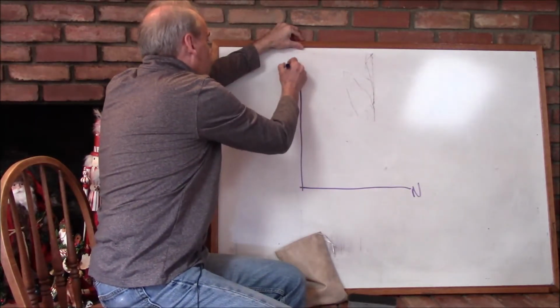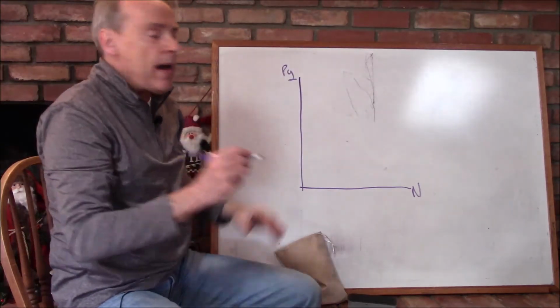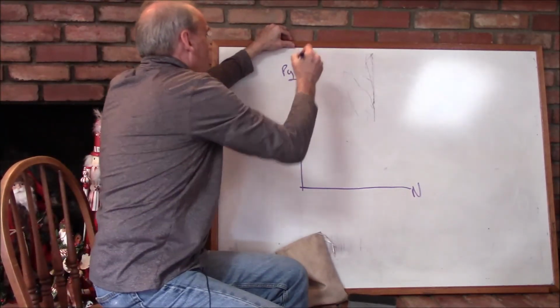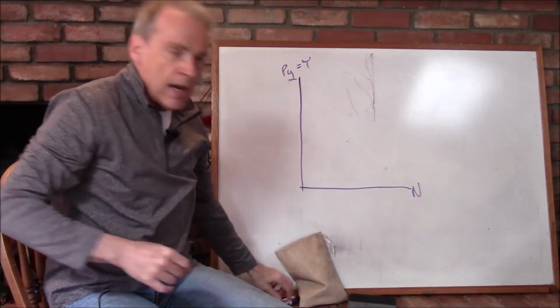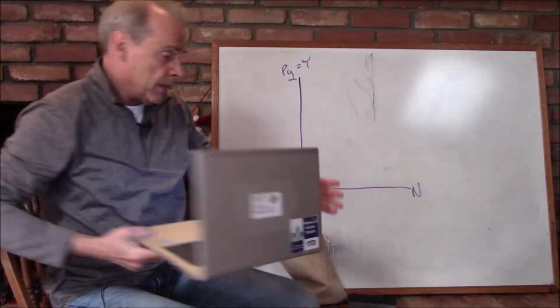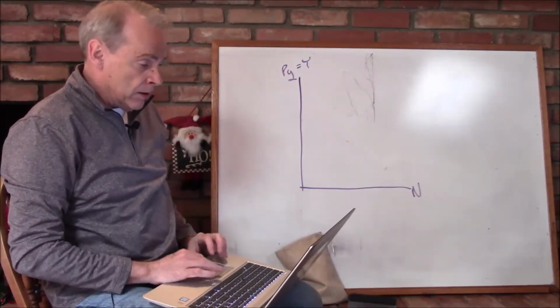Employment and PY. PY is the same thing as Y, by the way. P times Y is the price level times real GDP, and therefore multiplied together it's nominal GDP.